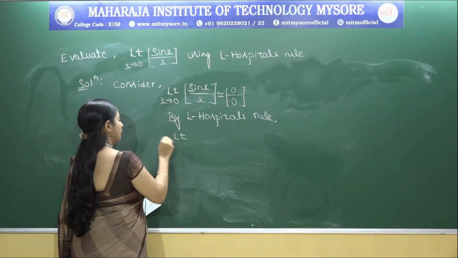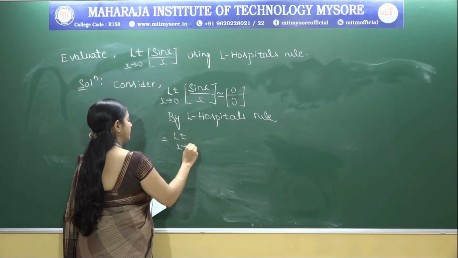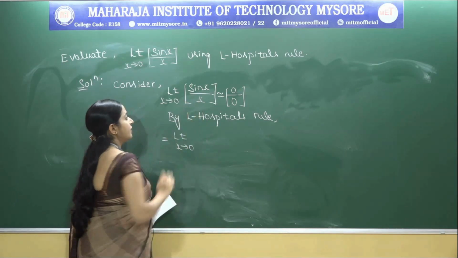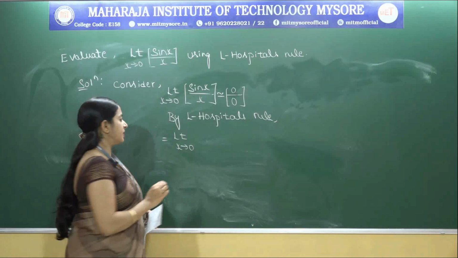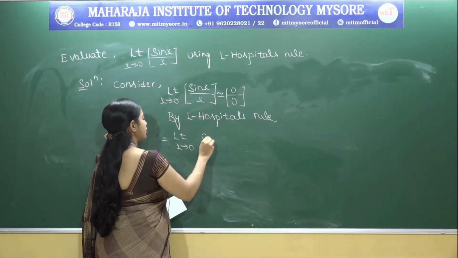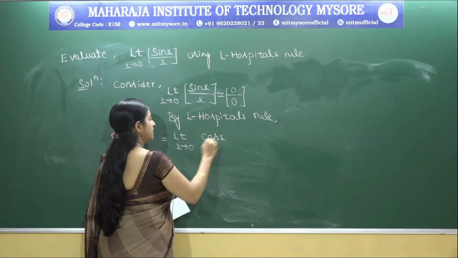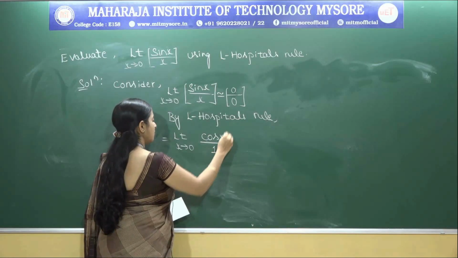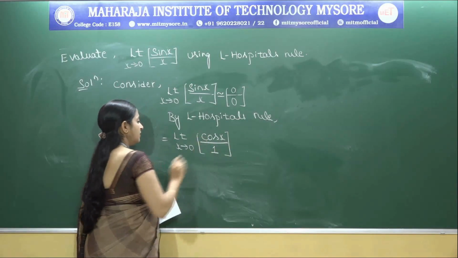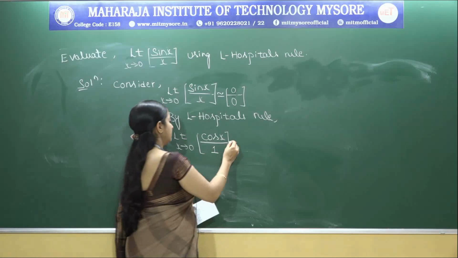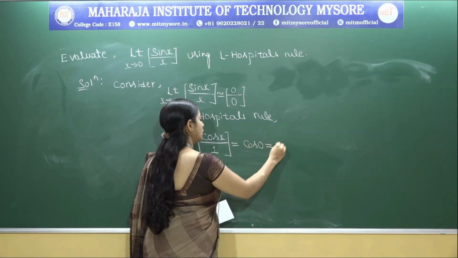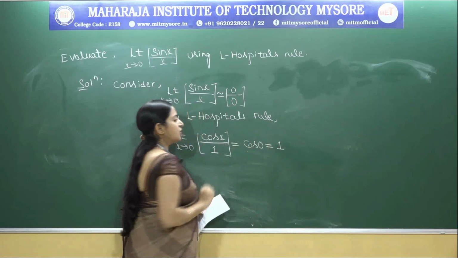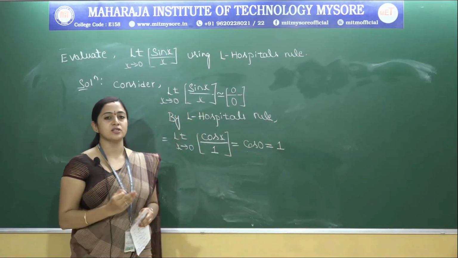The limit of, so differentiate the sin x divided by x, that is numerator and denominator separately. The sin x differentiation is cos x, x differentiation is 1. If you apply the limit, the cos 0 is the numerator, 1 is in the denominator. Since cos 0 equal to 1, so we will get the answer as 1.